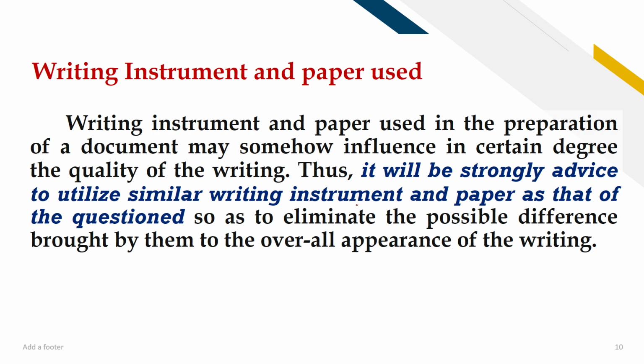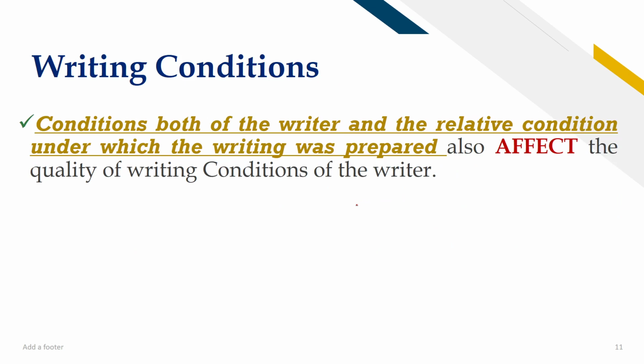Okay? So, next is writing condition. These are conditions actually, either that would be intrinsic or extrinsic, labas or panloob na impluensya or na nag-impluensya doon sa writer kung papaano niya isinulat ang kanyang pirma or ang kanyang signature, no?